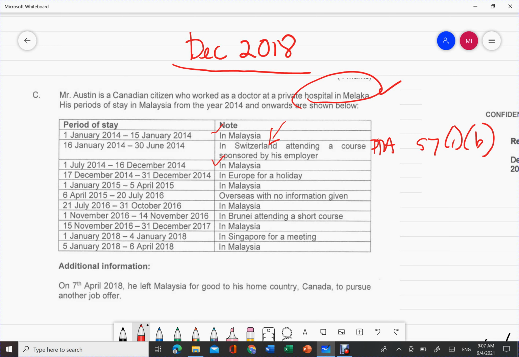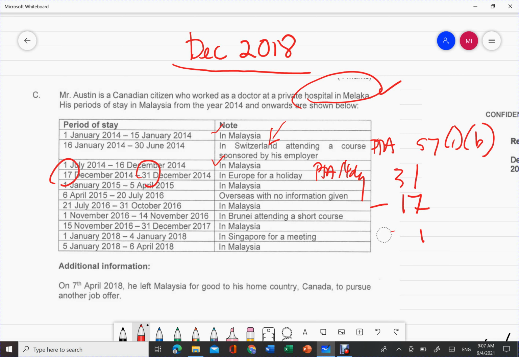Then here he was in Europe for a holiday. For a holiday to be a permitted temporary absence, the maximum allowed is only 14 days. So what we need to do is calculate first. 31 December minus 17 December. Why 31 December? We subtract this one, but then we have to add one back.